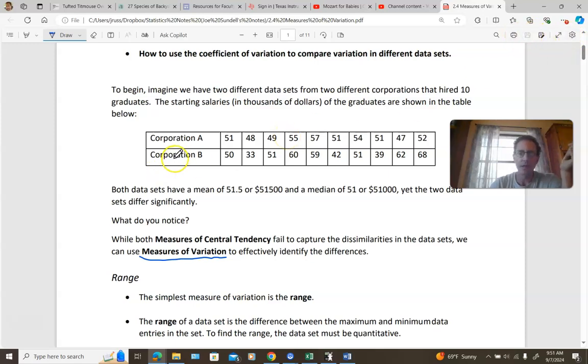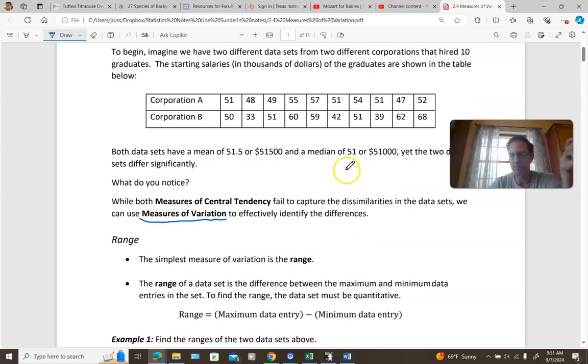Here we can say that clearly the data in Corporation B is more spread out than Corporation A, but we need to quantify that. We can't just say this distribution has more variation. Well, what does more mean? So that's what we're going to be looking at, how to actually quantify that.